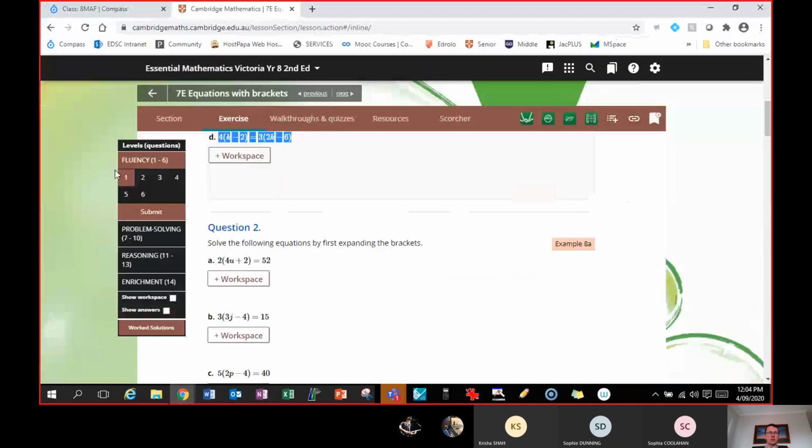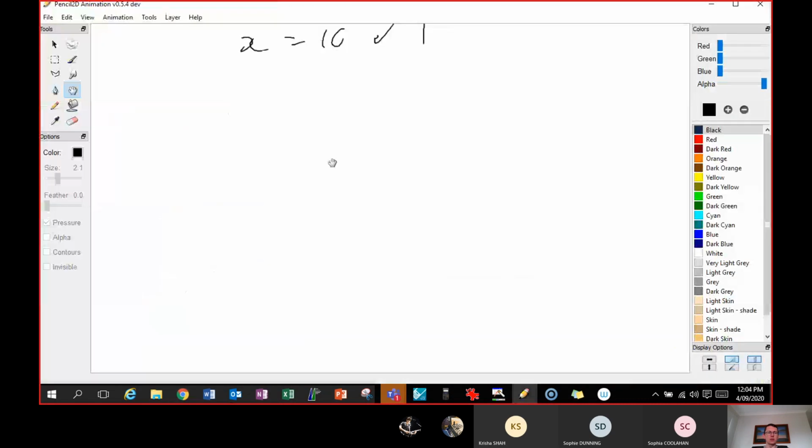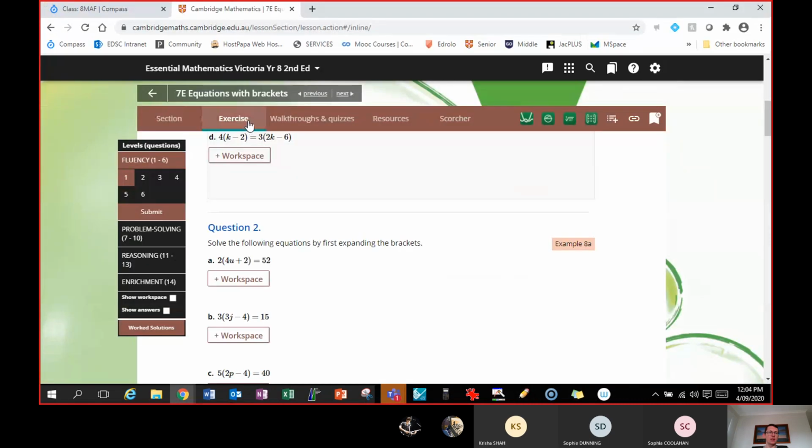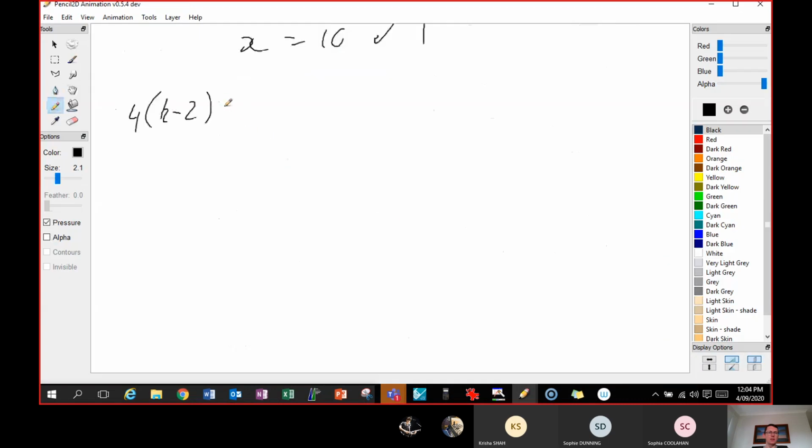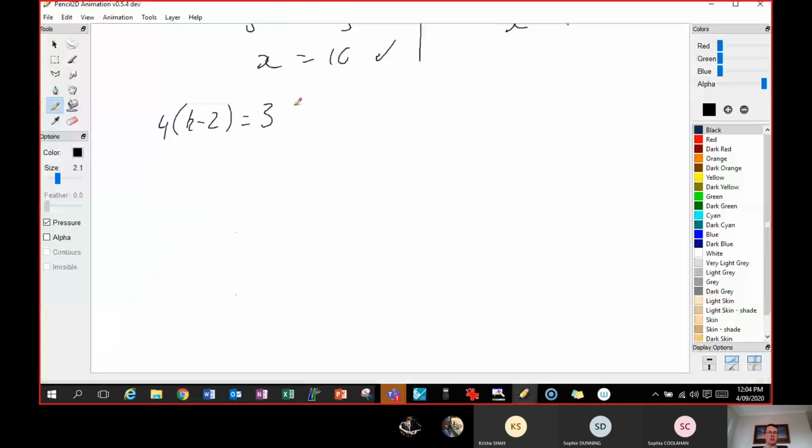Okay, let's look at this question here. 4 times (k minus 2) equals 3 times (2k minus 6). Oh, this is tricky. What are we going to do here?